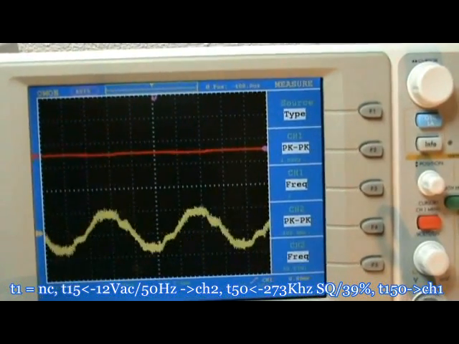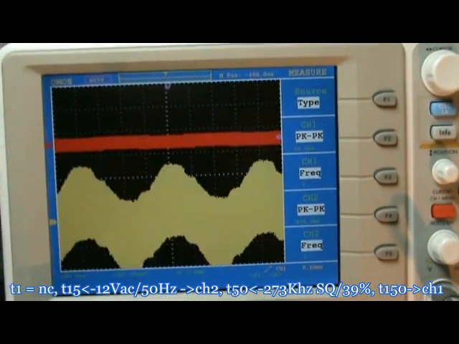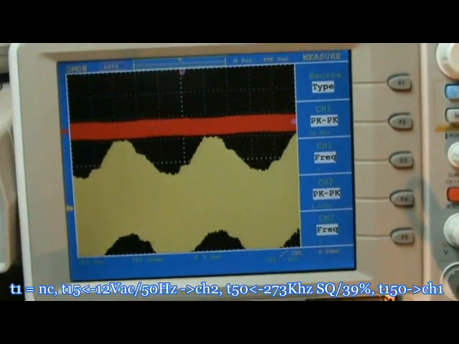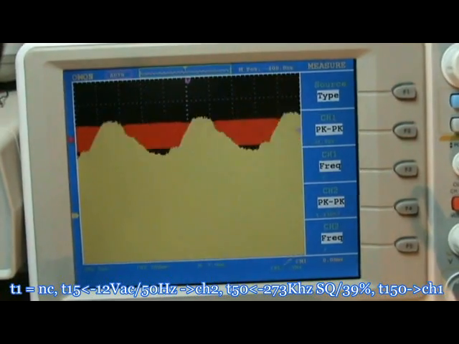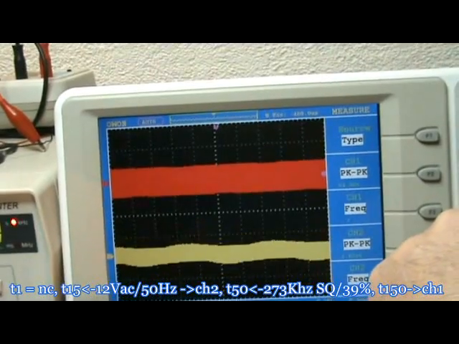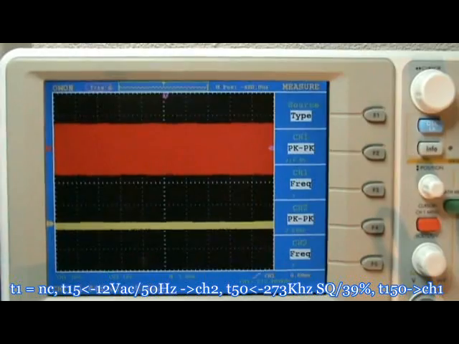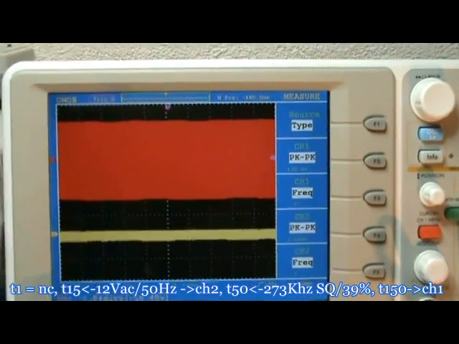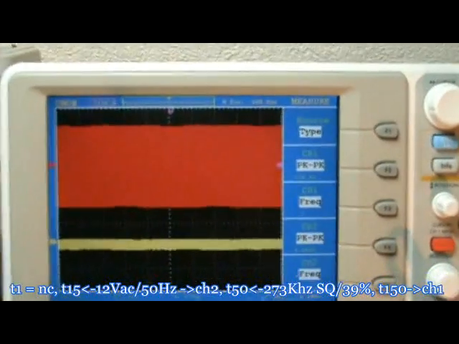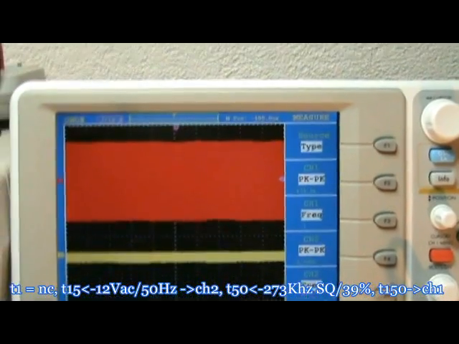I will now increase again the 273 kilohertz, and you see right away that it's also visible on the 50 turns because of the coupling. But we are interested only in the output coil, the red one. I will decrease the 50 turn, increase again. And we see some 50 hertz ripple going on there, but it's very, very weak.